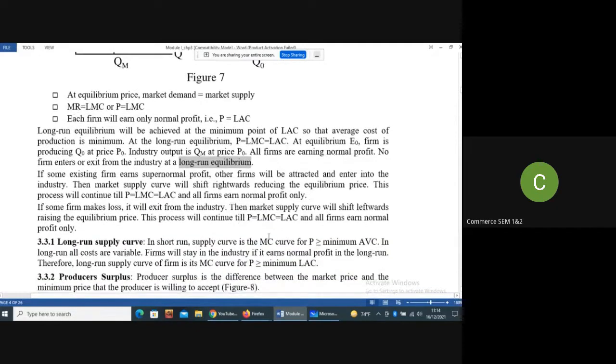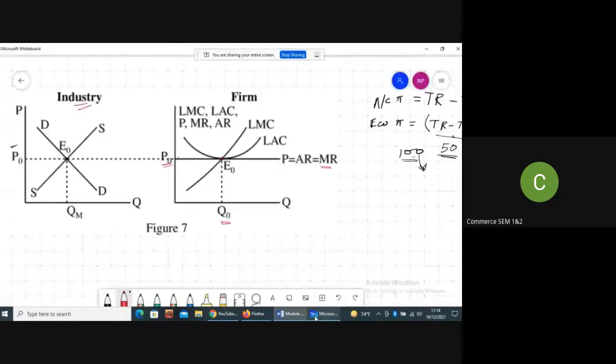Clear? Now what will happen if some firms are earning supernormal profit or some firms are making some loss? As I said, this LAC curve will be tangent to this MR curve.